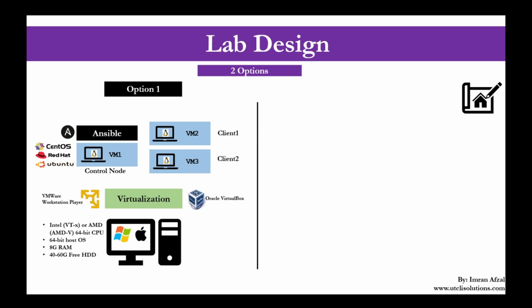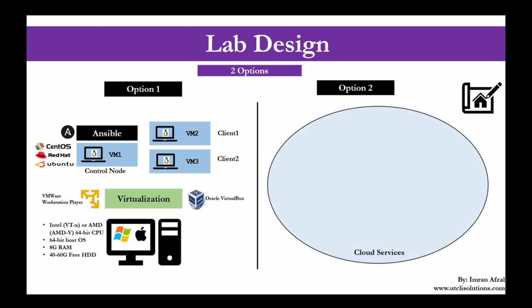What's the second option? The second option is if you do not have the required resources or a computer or a desktop in your home, then you could utilize one of those cloud services such as AWS, Google Cloud, or Microsoft Azure. Create an account, and most of these cloud services give you a free account and free access to create virtual machines.